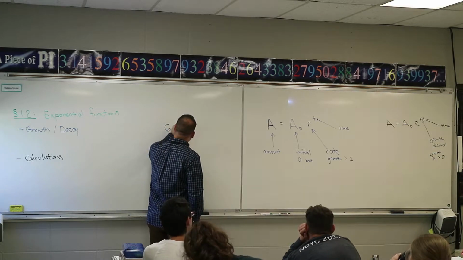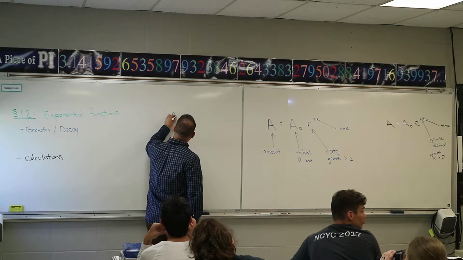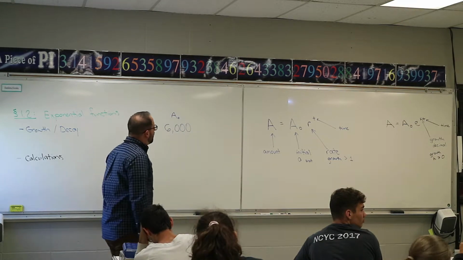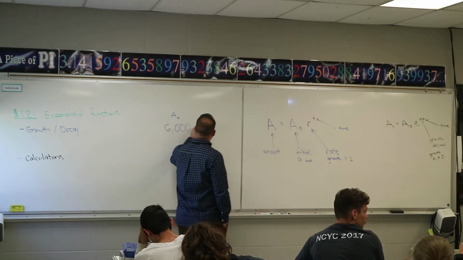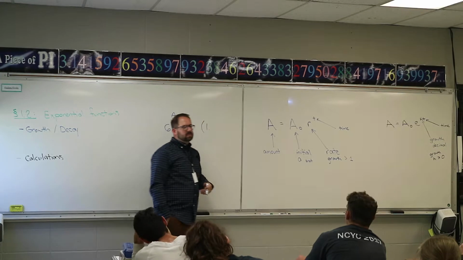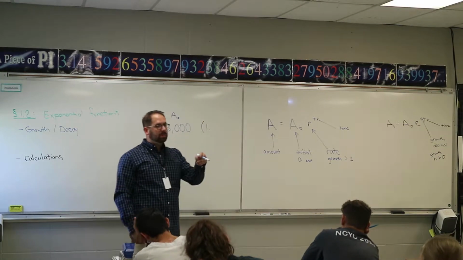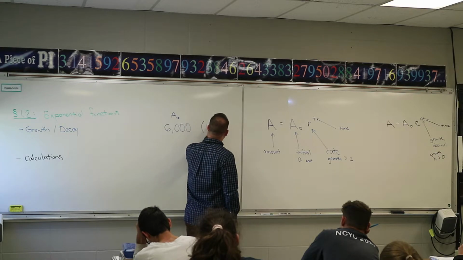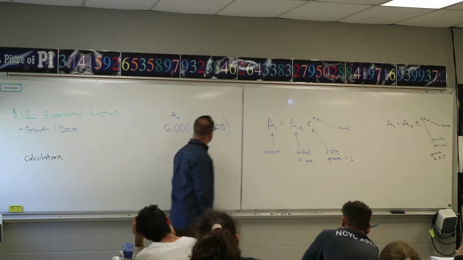I'll just say a nice clean number. So that's my A naught number, my initial amount of people. And r is some type of rate. Let's say that the population of Garner is growing by 0.5%, not even 1%. So this is what 0.5% would look like in terms of growth.